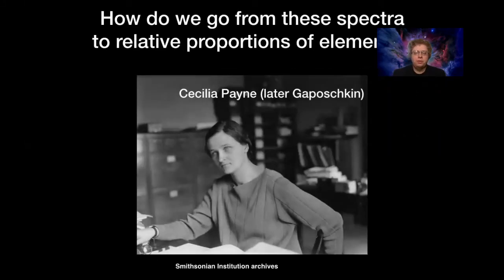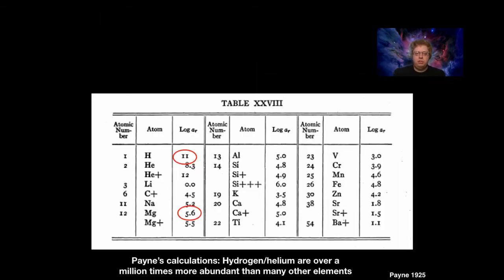How do we go from these spectra, which show all of the different lines of all of the different elements, to figuring out how much of each element there is relative to the other? The first person to do this reliably and correctly was Cecilia Payne, who later married and became known as Cecilia Payne-Gaposchkin. And what she found is that hydrogen and helium are over 1 million times more abundant than many of the other elements in the sun.